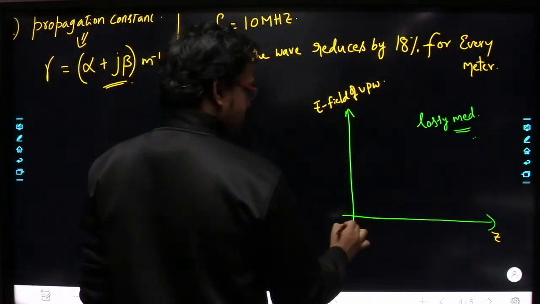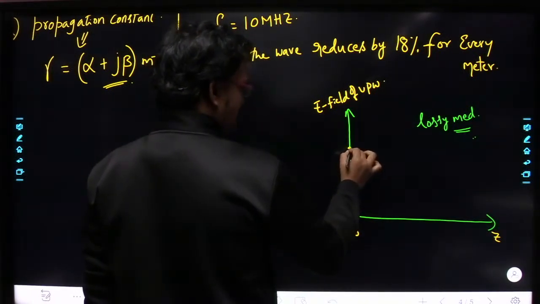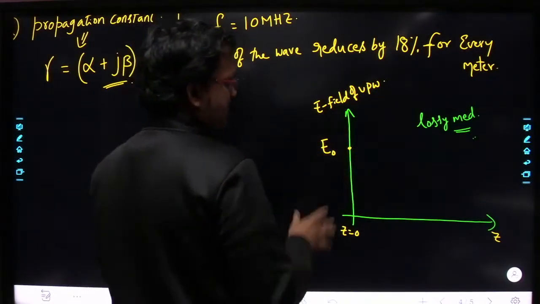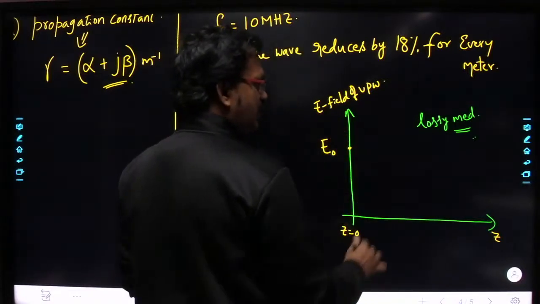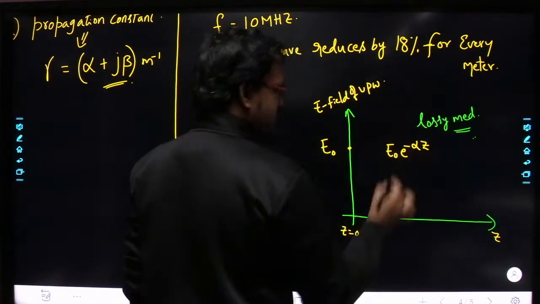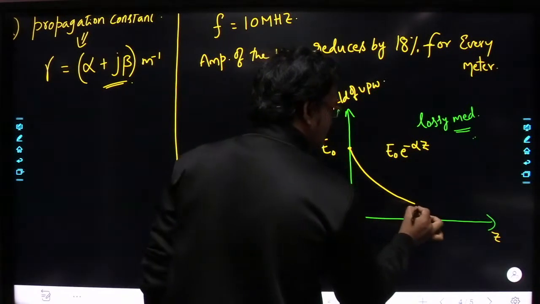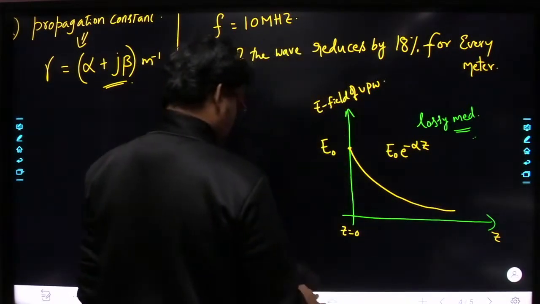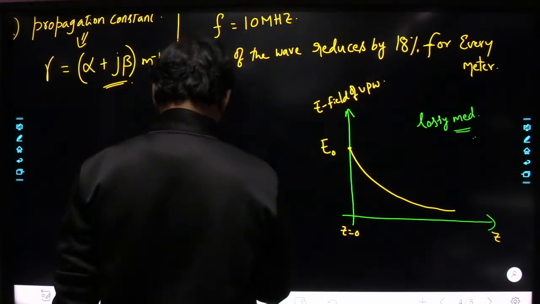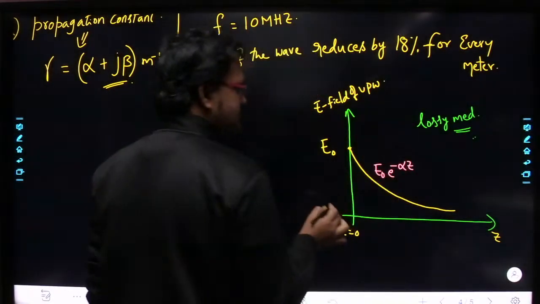Let us say at z equal to 0 the amplitude is E0. As the wave propagates in this medium, the amplitude is going to decay exponentially like this, E naught into e power minus alpha z.